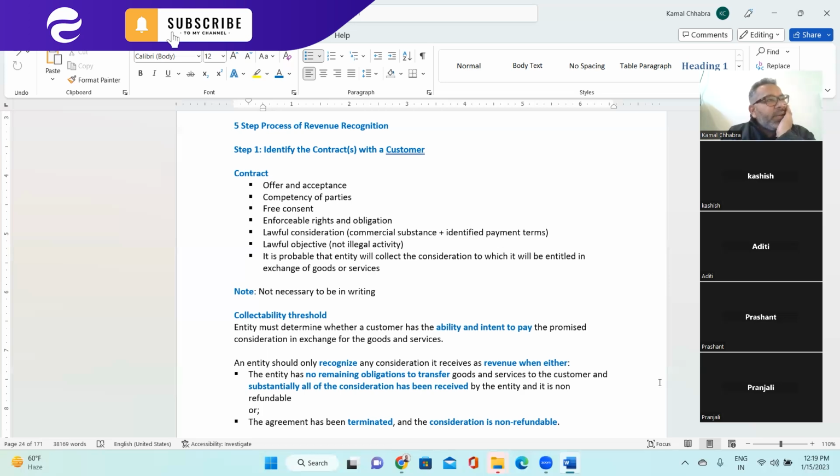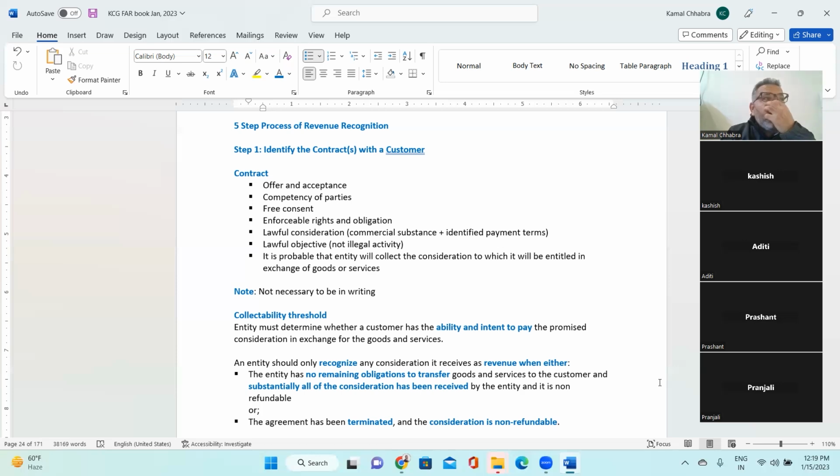So for example, maybe you can tell me what kind of organization you are working in. Let's say some of you are working in a software company, right? Prashant, you are working in a software company. In that case, how are offer, acceptance, agreement, and contract done? Initially you may have your marketing team or business development team, right?